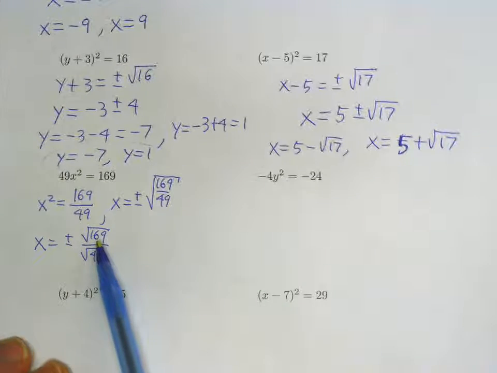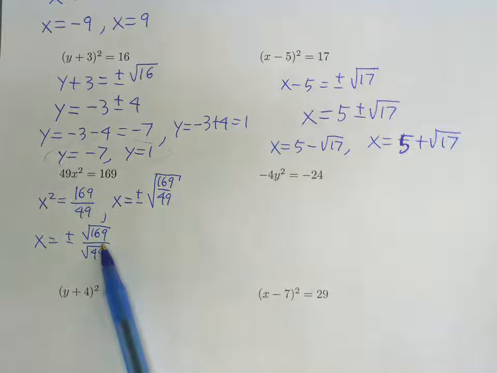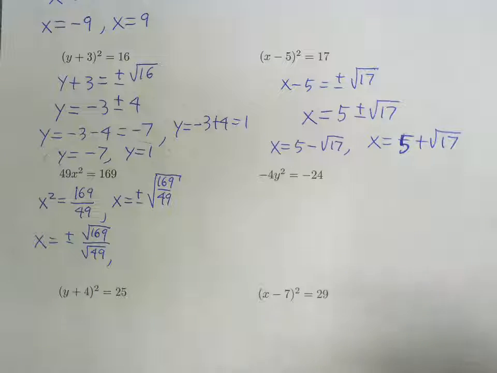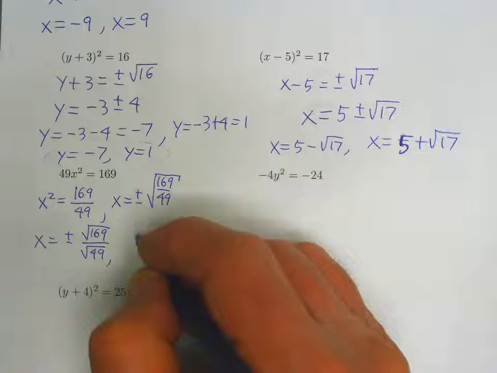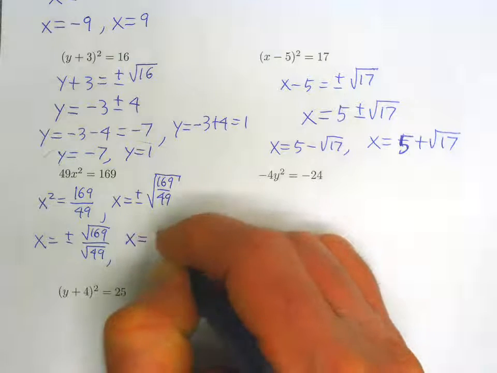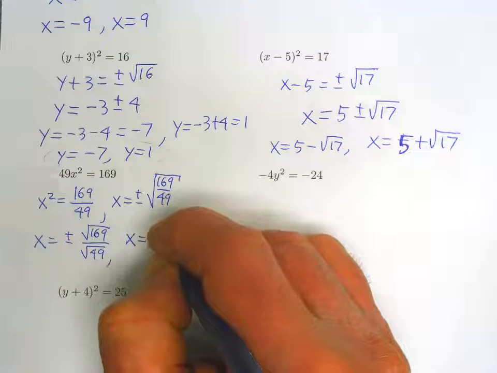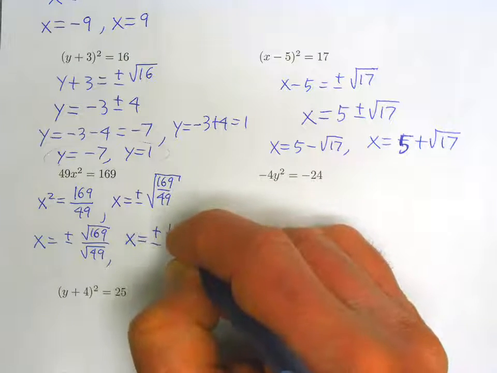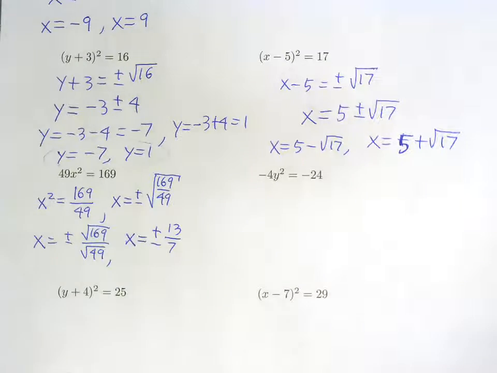And the square root of 169 simplifies to 13. 169 is just a perfect square. And in the denominator, the square root of 49 simplifies to 7. So the two solutions are just ordinary fractions, positive and negative 13/7.